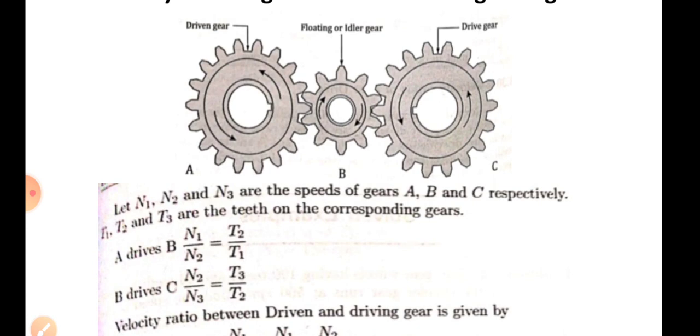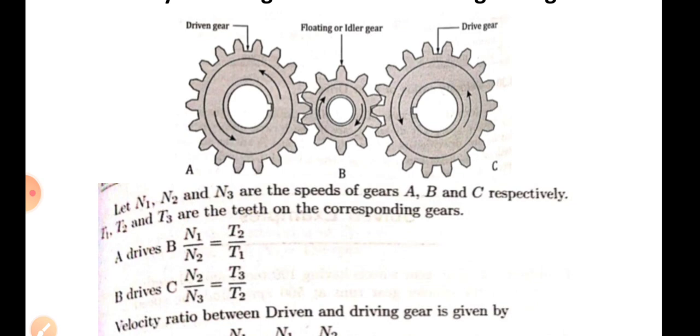So for these two gears I can write the velocity ratio n1 by n2 is equal to t2 by t1, for A and B. Similarly B drives C, so I can write n2 by n3 is equal to t3 by t2.